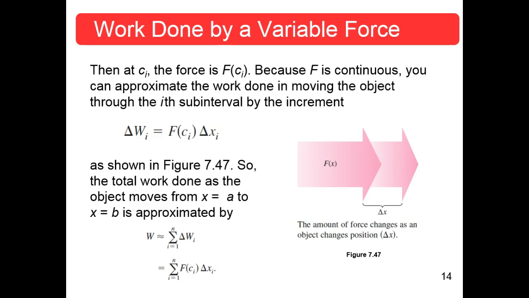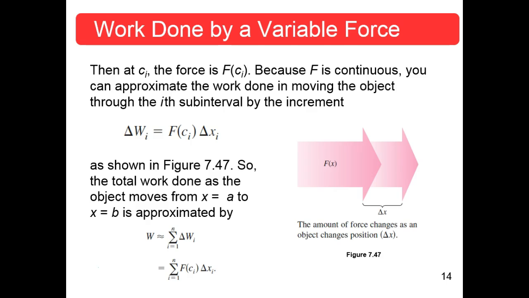So the delta W i is f of c sub i, which is in this interval, times delta x sub i. It's shown here. Somewhere in here is your c sub i. And the force that represents a good representation of the work done here, to use the constant force there, that's f of c sub i.